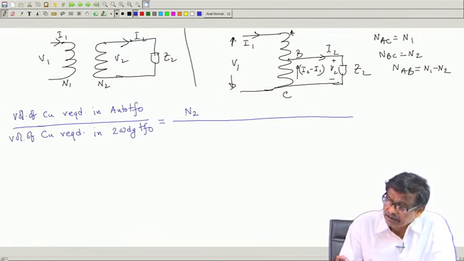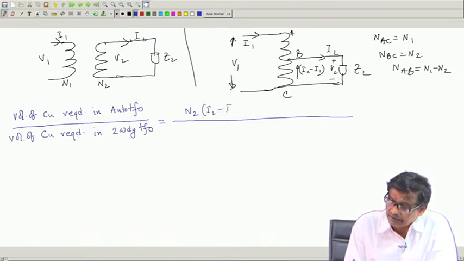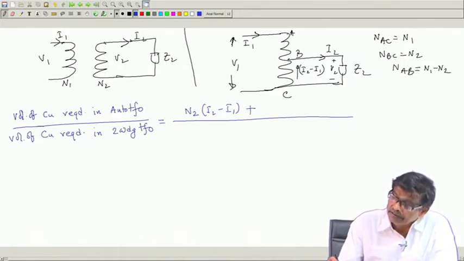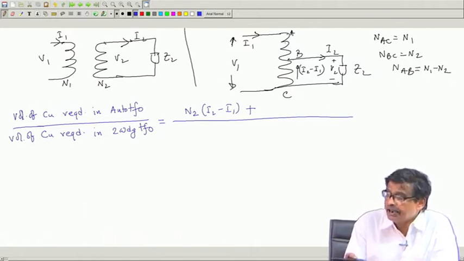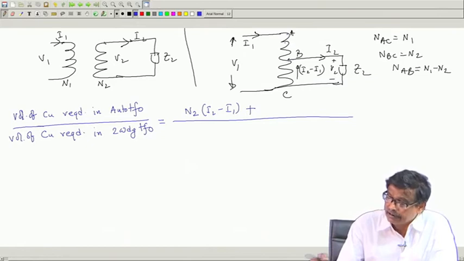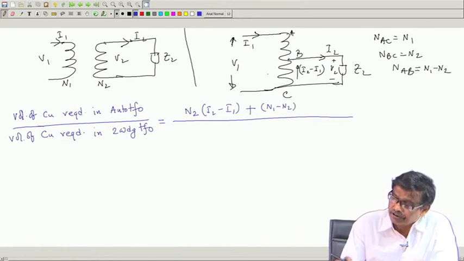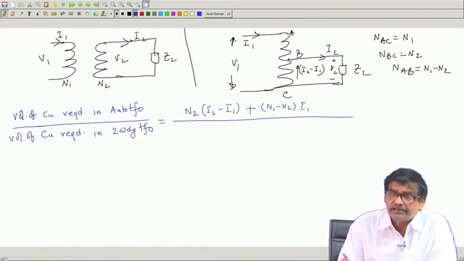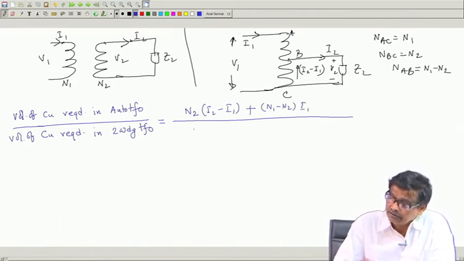What current this coil is carrying? Magnitude of the current I2 minus I1. It is this portion plus this portion. What is the length of the copper required in portion NAB? Number of turns existing between A and B terminals, that is N1 minus N2. So, N1 minus N2 and cross sectional area of this portion should be decided by the amount of current it is carrying, that is I1. All these currents are rated values corresponding to that. So, this will be this thing.